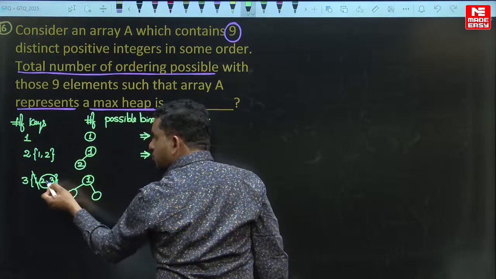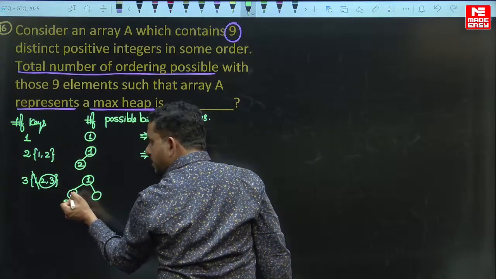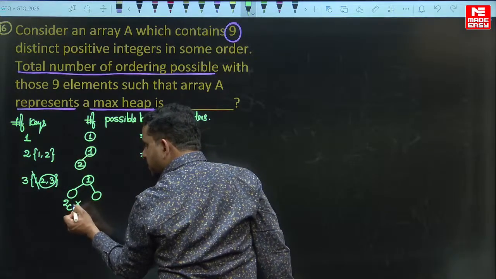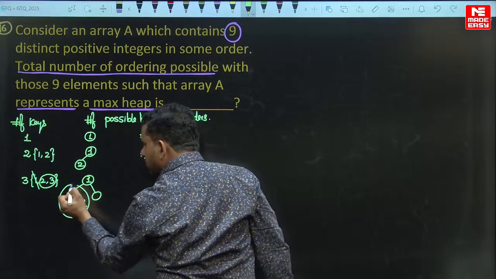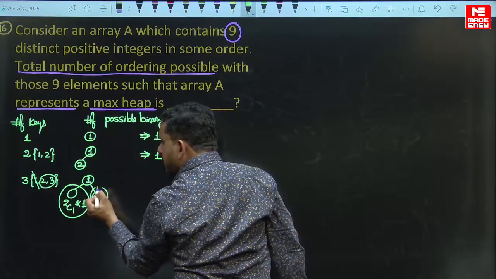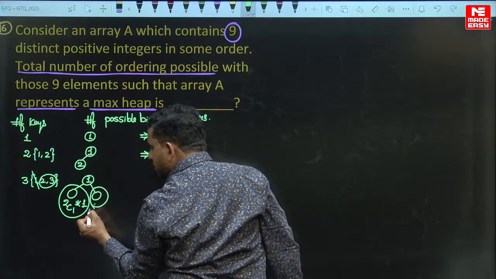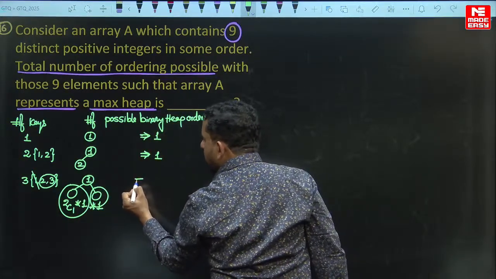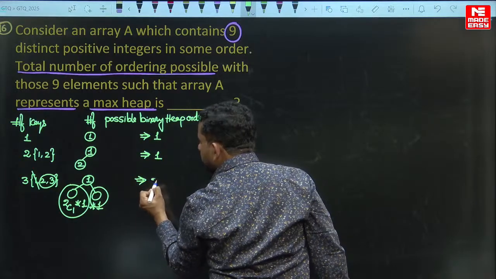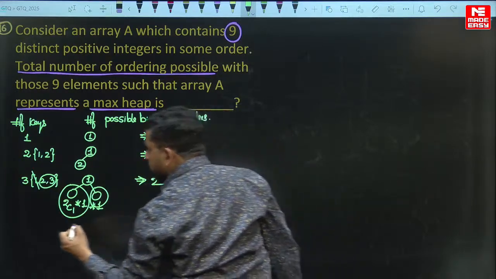If you have selected one key, there is one possibility of a min heap for this left subtree. For the right subtree, only one key is left, which means one possible selection. Then overall it is two min heaps only, binary heaps only.